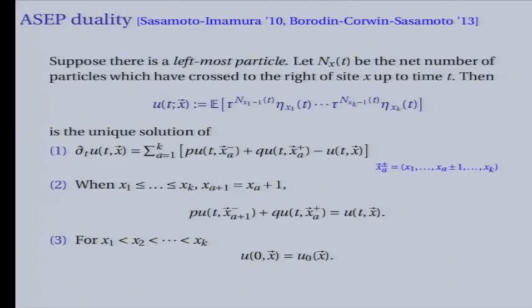So the initial condition should be satisfied, though we only ask it to be satisfied for ordered sets of locations. So here's a possible way of trying to attack the problem. If we want to look at the half-flat case, well, half-flat case has a leftmost particle, of course. So I can try to solve this equation. And that's what we need to do.